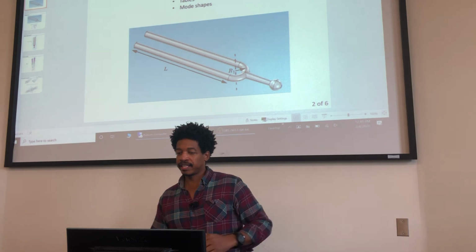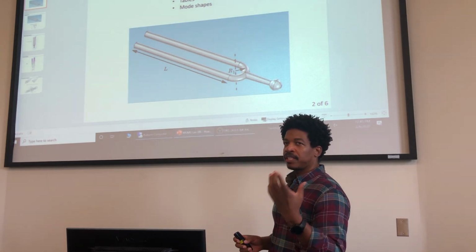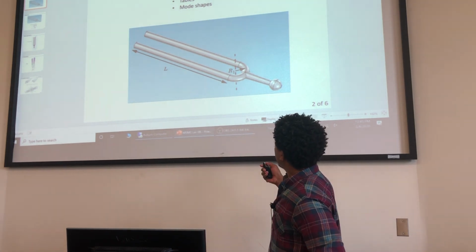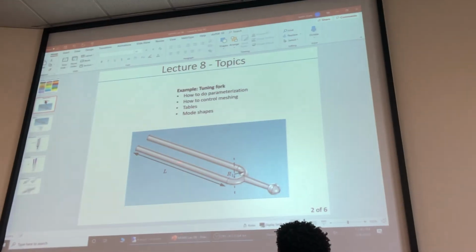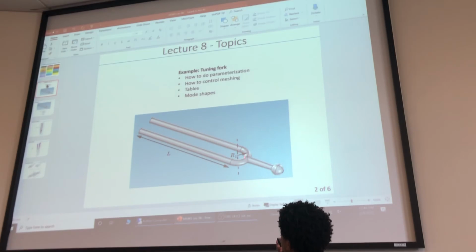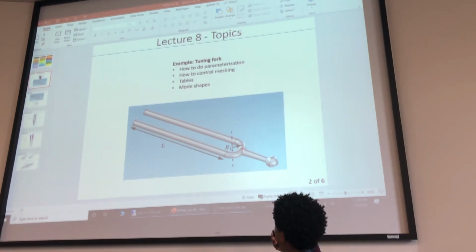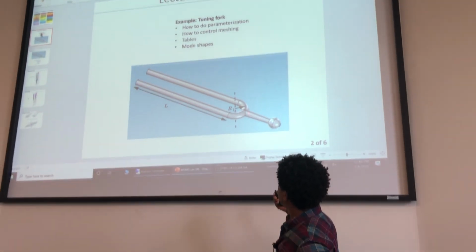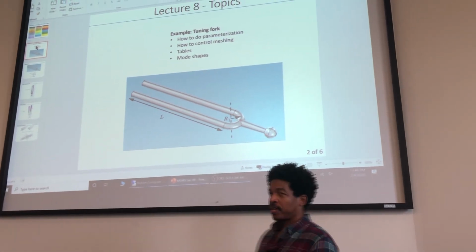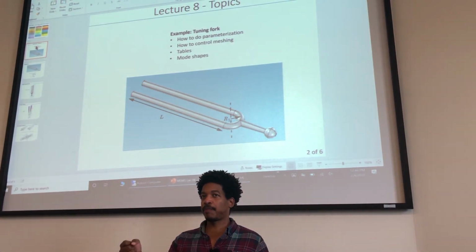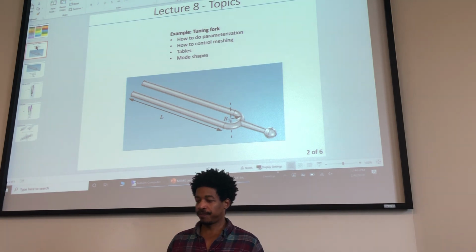You want a really sustained long vibration, and you do that by having symmetry here. When this bends out, that bends out, so you have pretty much a neutral node here. Very little energy is transferred down to the handle, so you can hold this and it doesn't dampen out the vibration as much.